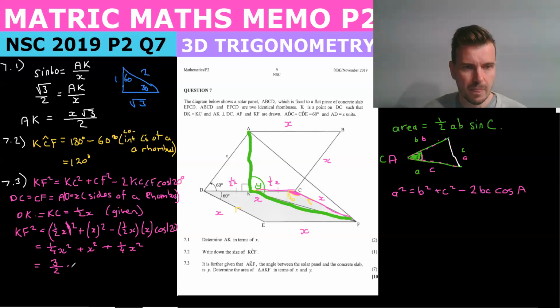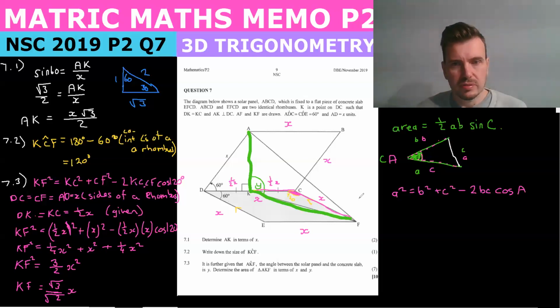3/2 x squared. It's KF squared. Now we just need to root that to get KF, and we get root 3/2 x.